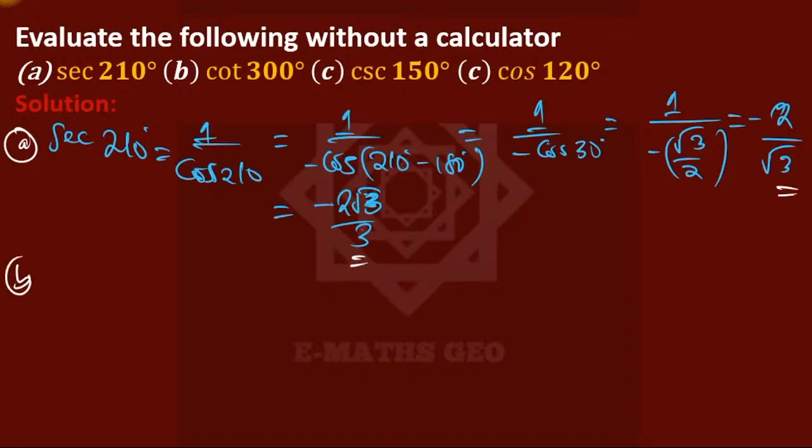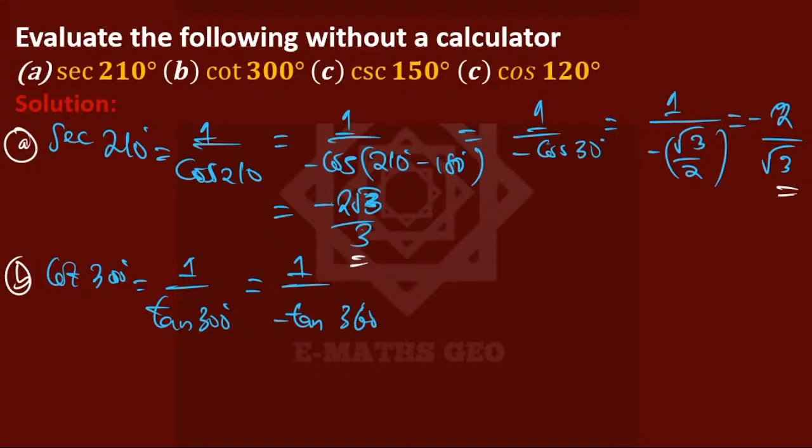So the second one, cot 300. So again, 300 is in which quadrant? Fourth quadrant. So we'll start with that. Cot is 1 over tan. And since it's in the fourth quadrant, tan is negative there. And the conversion we use, the angle will be subtracted from 360.